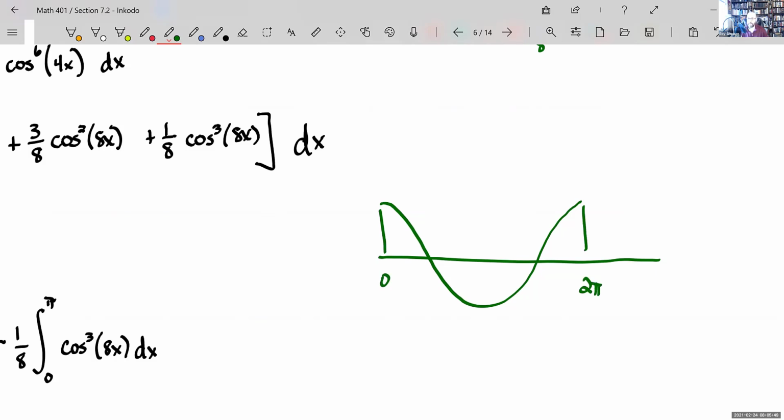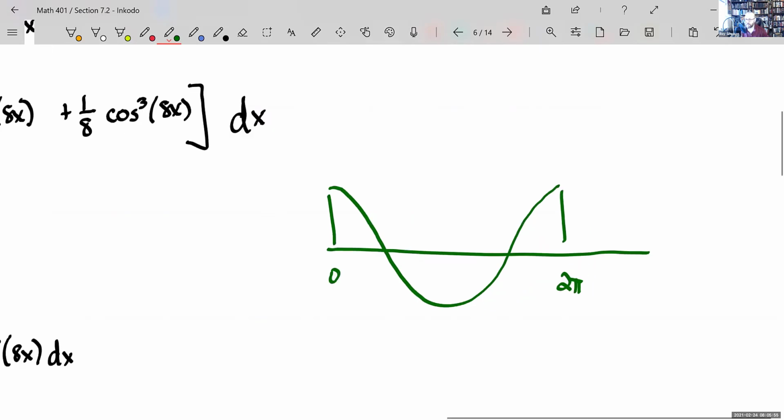That's normally. However, cosine of 8x goes through 8 of those cycles from 0 to 2 pi. In other words, it goes through a full cycle in 2 pi over 8. It goes through a full cycle in that amount of time.